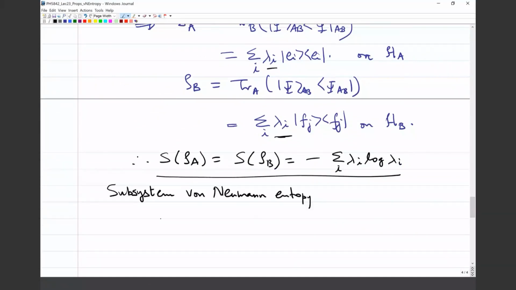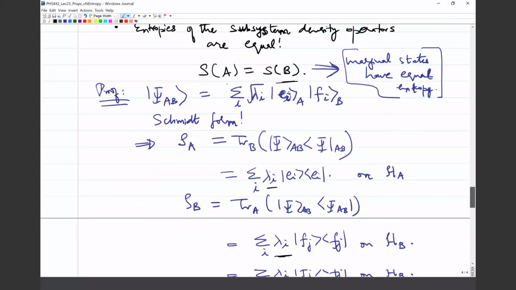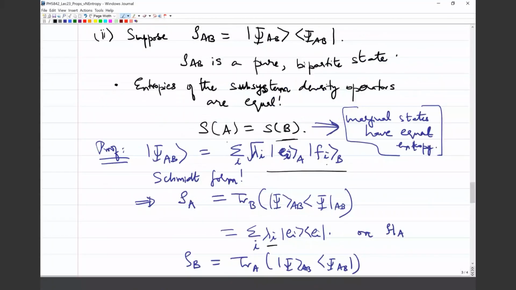When I have any joint state, it need not be a pure state, it need not be a tensor product state. So we've looked at two cases. We have looked at the case where this is pure but could be entangled. After all, what does the Schmidt form tell you? It tells you that these are the two bases in which the state is entangled. And if there is only one non-zero Schmidt coefficient, then you know that the state is not entangled. This is all something we discussed last semester.